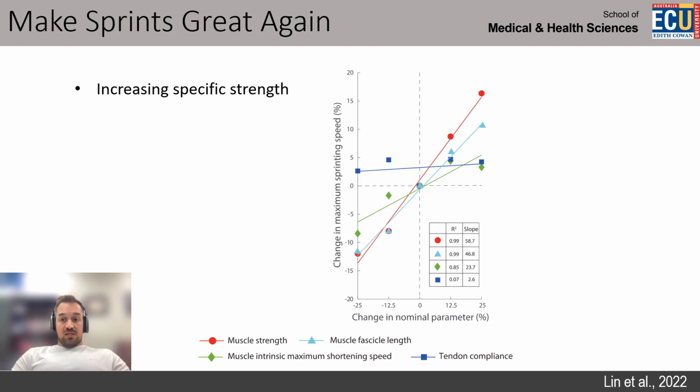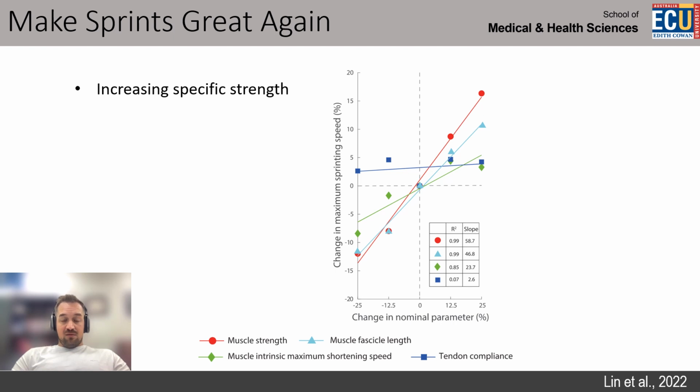And if we look at this figure, we see that maximum sprinting speed was most sensitive to changes in leg muscle strength, as indicated by the slope of the red data points. So when we go from negative 25%, or from a decrease of 25% of this property, to an increase up to 25%.